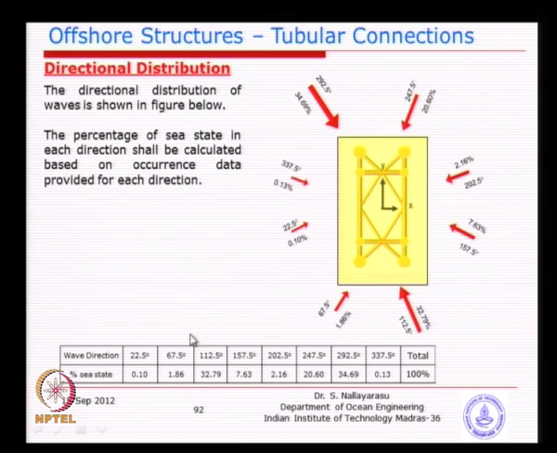For example, at 22.5 degrees, somewhere here, I got only 0.1% of the total waves approaching from there. That means any wave approaching from 0 degrees up to 30 or 40 degrees has been lumped into here. You understand the idea, no, how the directions were arrived at?